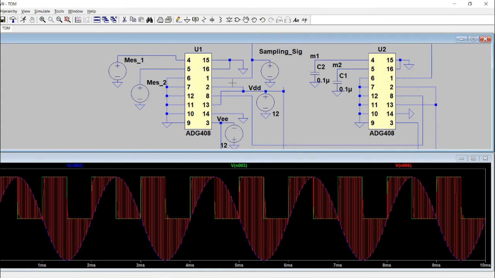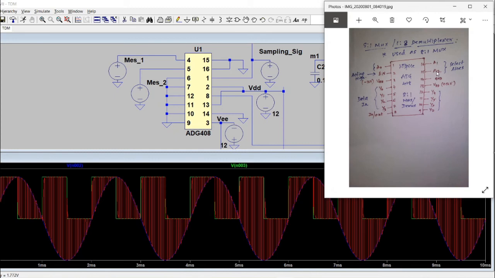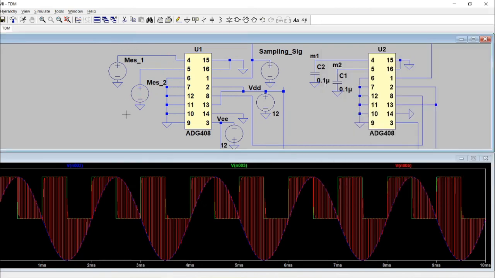And we need to give the other 2, that is our 16th and 15th pin also should be given with waveform such that 000 will choose one message, 001 will choose the second message, 010 will choose the third message, likewise. Okay, so for simplicity we have considered only 2 message signals. This is about the multiplexing.